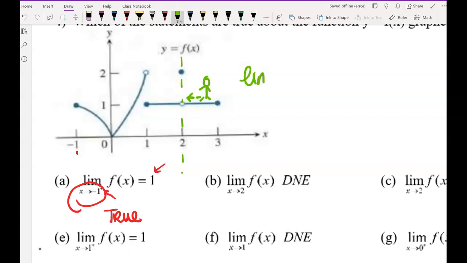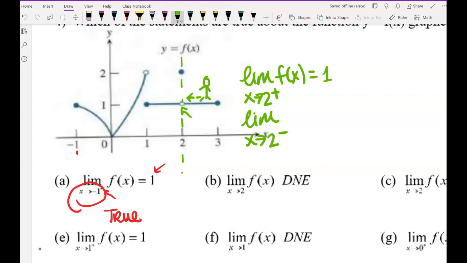So the limit as x approaches 2 from the right, the y value is approaching, remember, even though there's a hole right there, that means in algebra that location does not exist. But that doesn't necessarily mean that the limit does not exist. The limit is what y is approaching. So y is approaching 1 the entire time. Now the limit as x approaches 2 from the left.